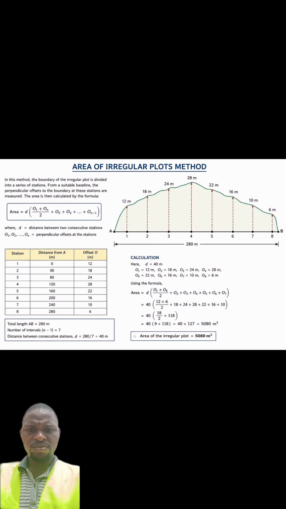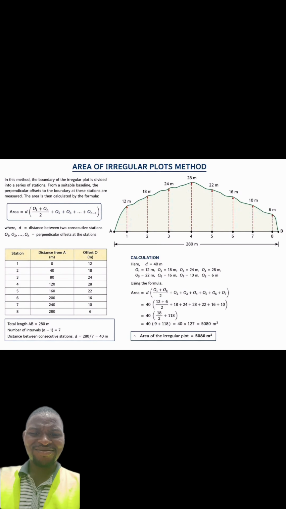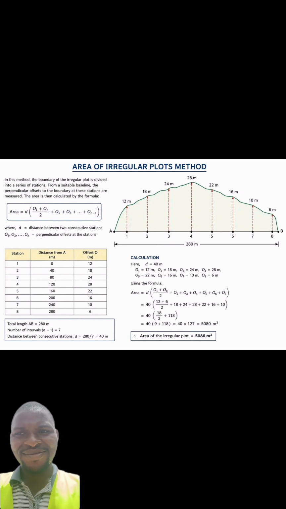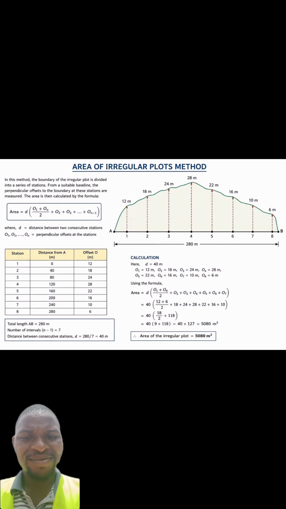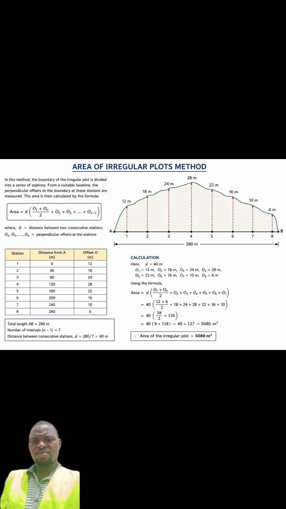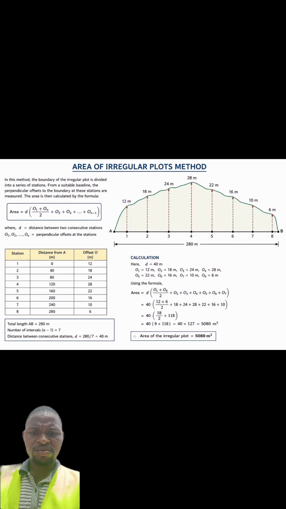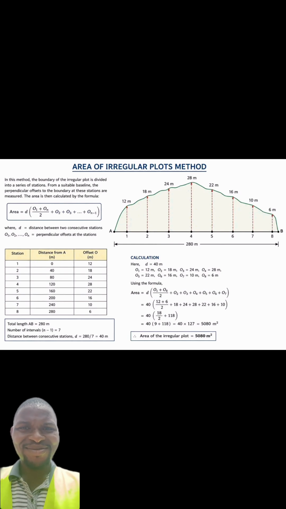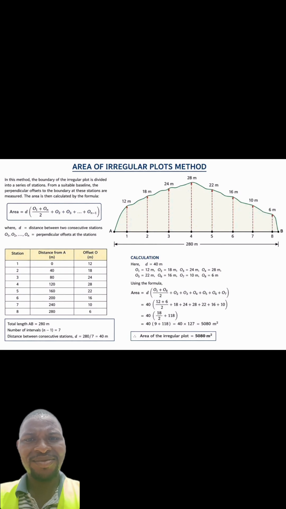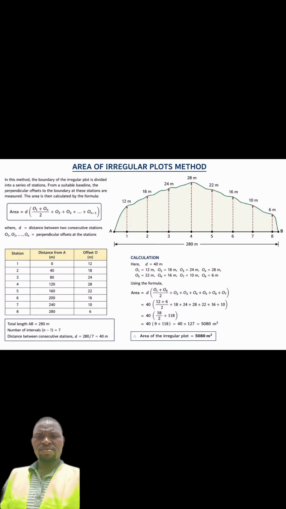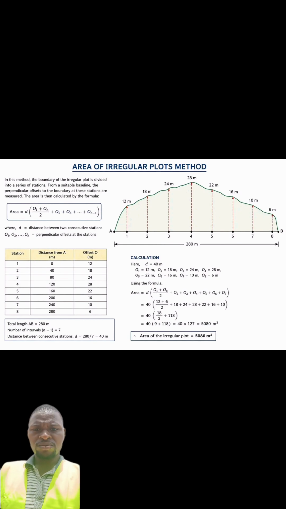From a suitable baseline, the perpendicular offsets to the boundary at these stations are measured. The area is then calculated using this formula: A equals D into (O1 plus On over 2, plus O2 plus O3 plus dot dot plus On minus 1).